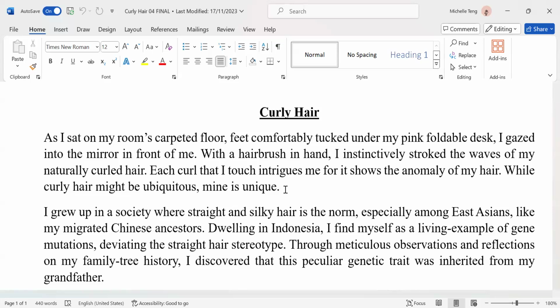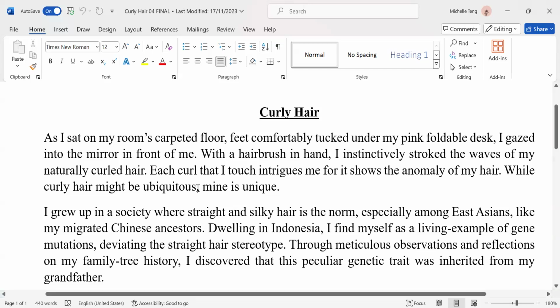And because we have the word "while," it usually makes the clause weak. It is a weak clause, or a dependent clause, meaning that it depends on the stronger clause. So "while curly hair might be ubiquitous" is a weak clause, followed by a comma, and then this is the strong clause.